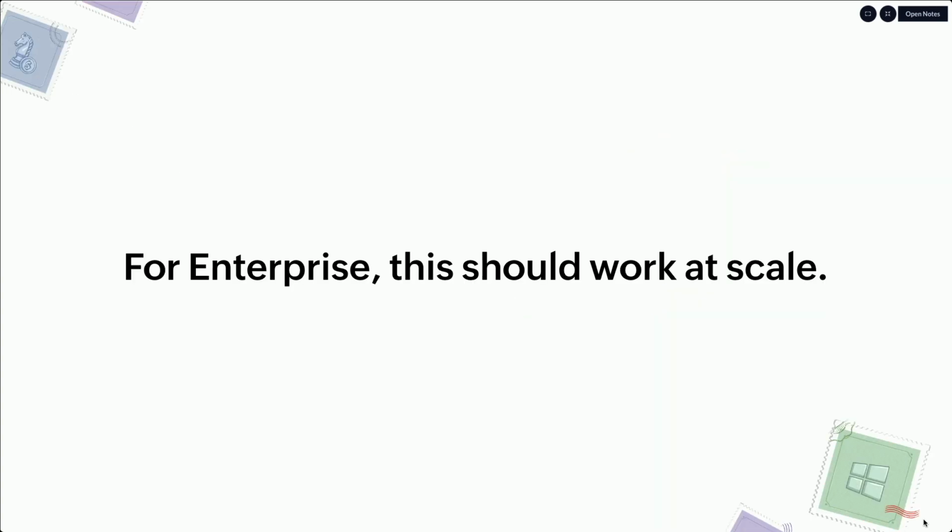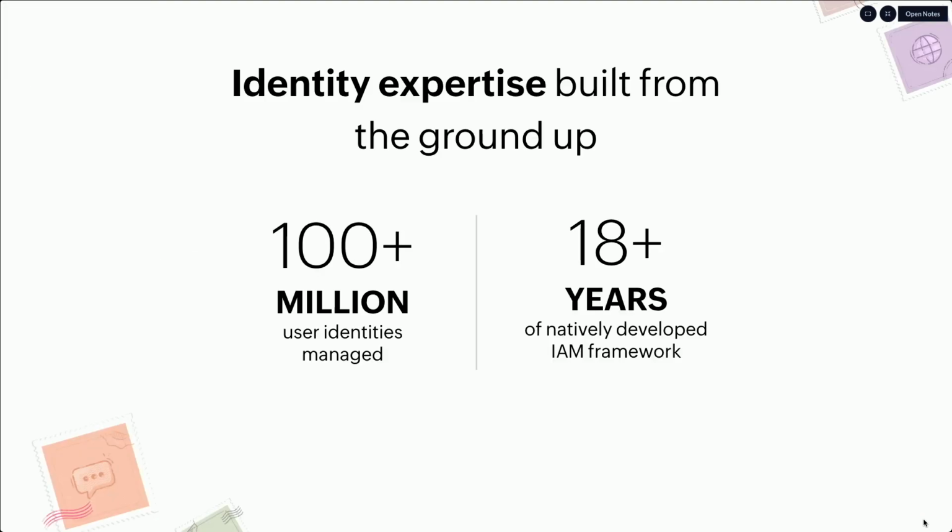And for this, we have built the Zoho Directory, which is built for the enterprise. With Zoho Directory, we already manage user identities for more than 100 million users who are already on Zoho applications. We have been building this application framework for 18 years, and it's proprietary, built from scratch.